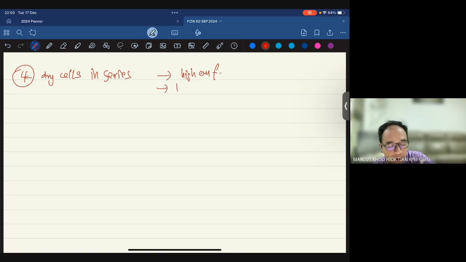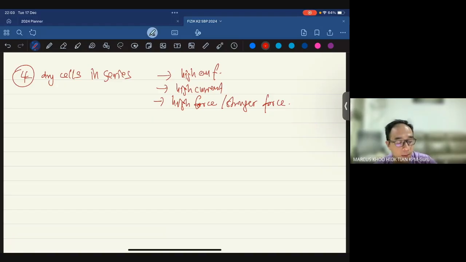High EMF means high current. High current means high force, or stronger force produced. All these same answers you can give. You don't have to give all 3. Giving one is enough. But there is a lot of variety to these answers.